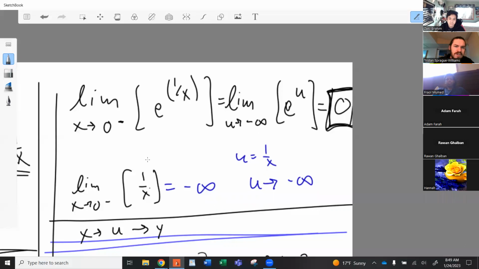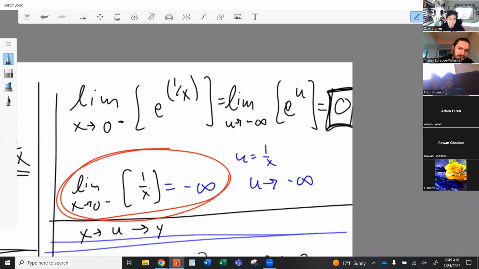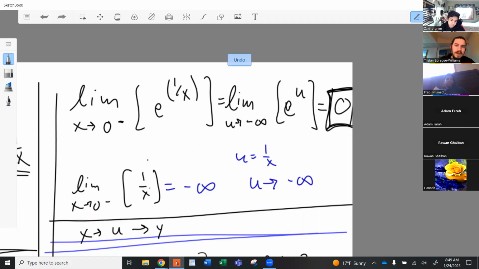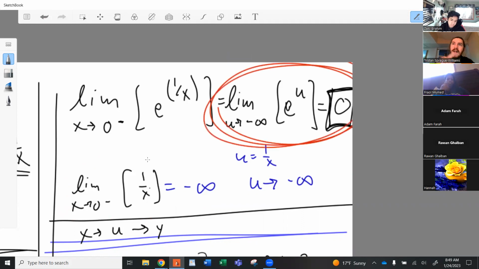When we were working on this problem, the first limit we studied did not exist, but it did not exist because it was approaching negative infinity specifically. And then when we carried that information through to the next step, the fact that it was negative infinity specifically helped us identify that this limit is 0, that it does in fact exist.